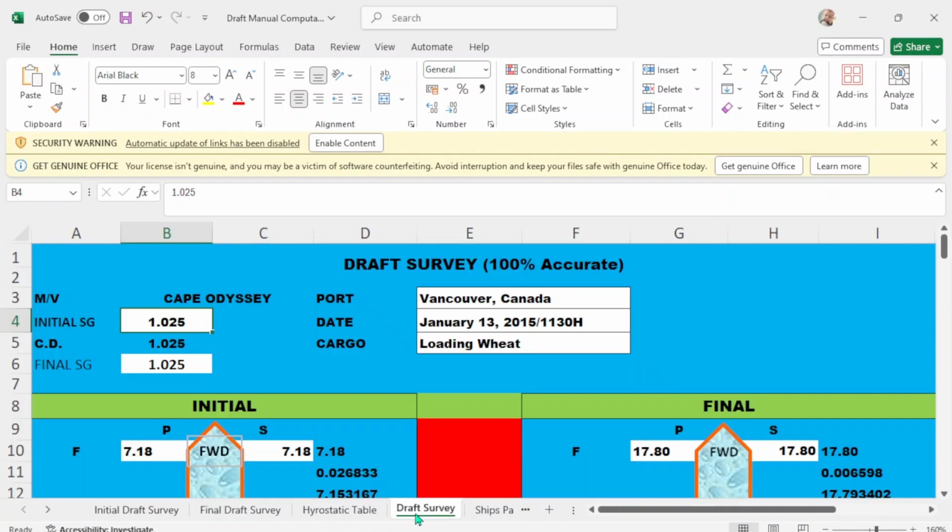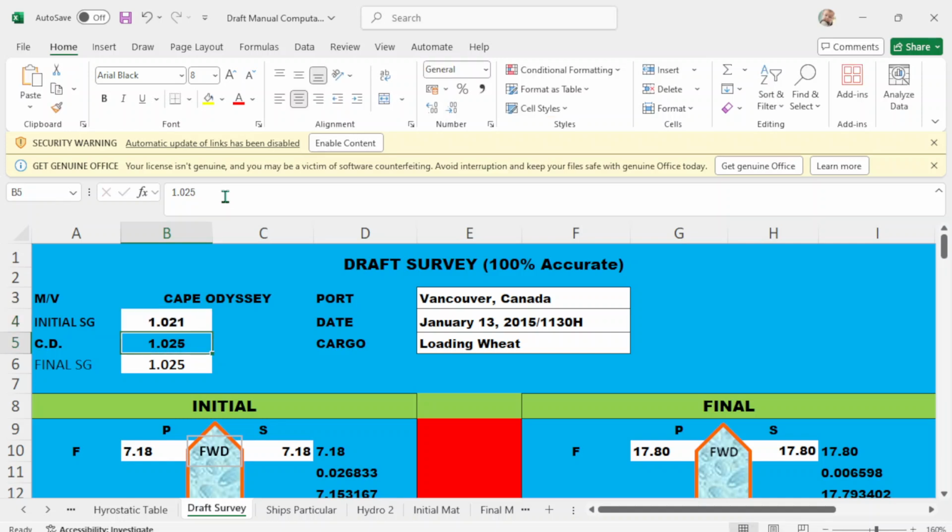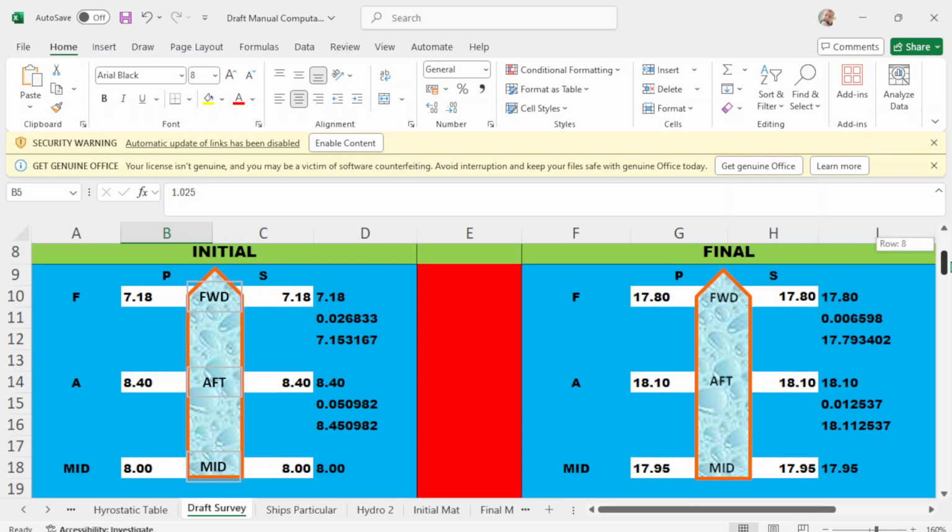Okay. Then again the initial density was 1.021. Put 1.021 there, and the final draft density is 1.025. Then we input now the draft.